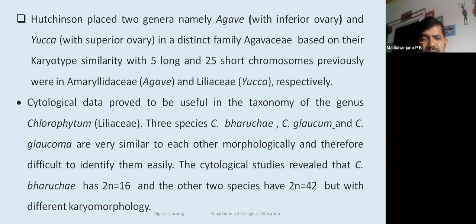To solve the problem, cytological studies revealed that Chlorophytum bahuruche is a diploid with 2n equal to 16 chromosomes, and the other two species are tetraploid with 42 chromosomes. With this karyomorphological difference, we can differentiate the three species.